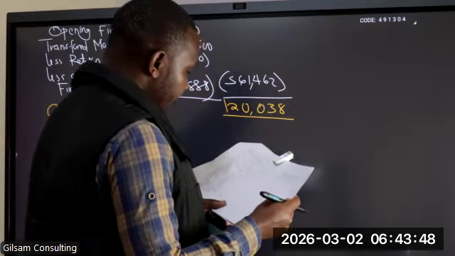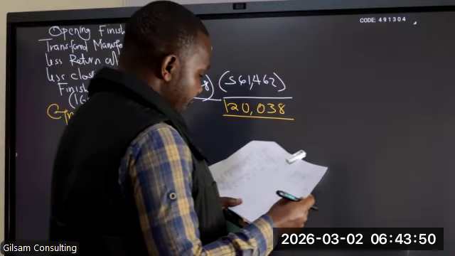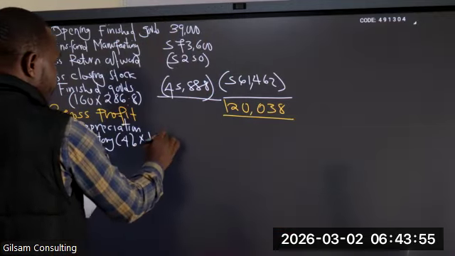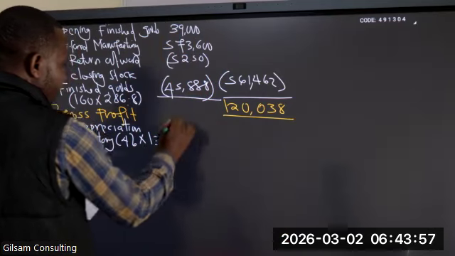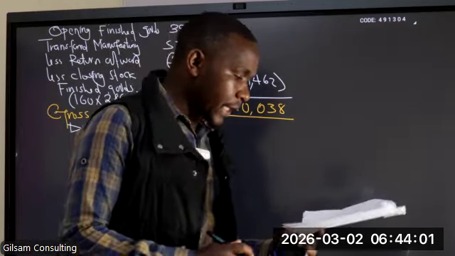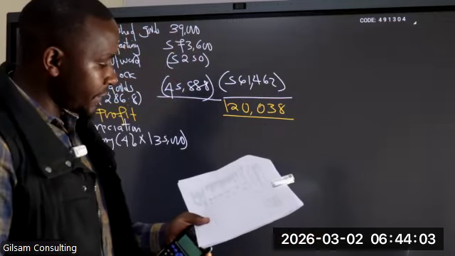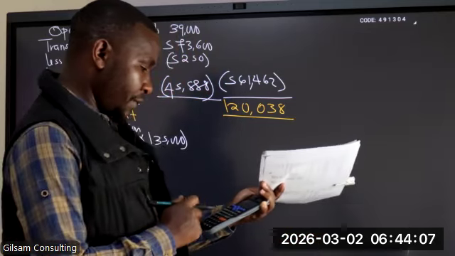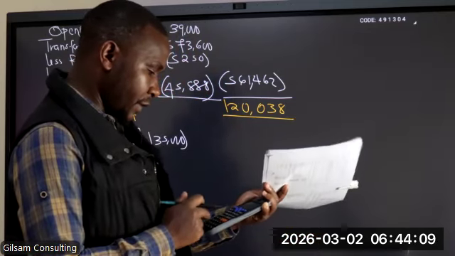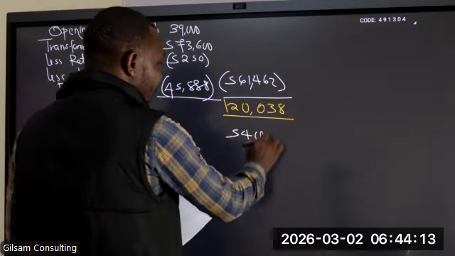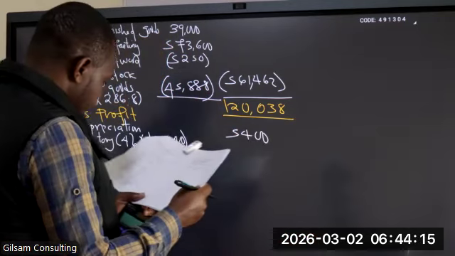Factory building, if you take 175,000 minus 40,000, you remain with 135,000. The 40,000 is the value of the land, and the total value of the land and building is 175,000. So 4% of 135,000 gives 5,400.